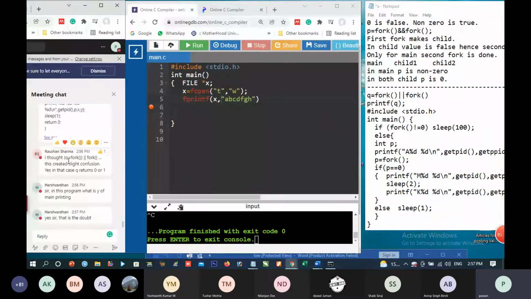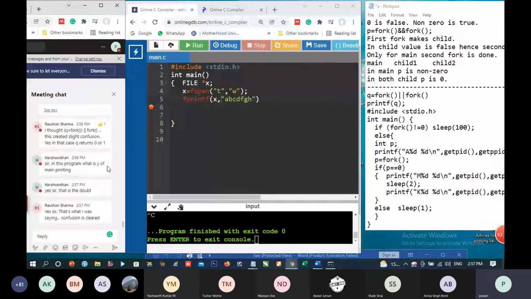No, Q is equal to fork. You see, Q equal to fork is in a bracket. So Q will be either 0 or child. But if we write P equal to this whole thing, then the value of P may be 1 or 0. Is your doubt clear? Clear. Very good.